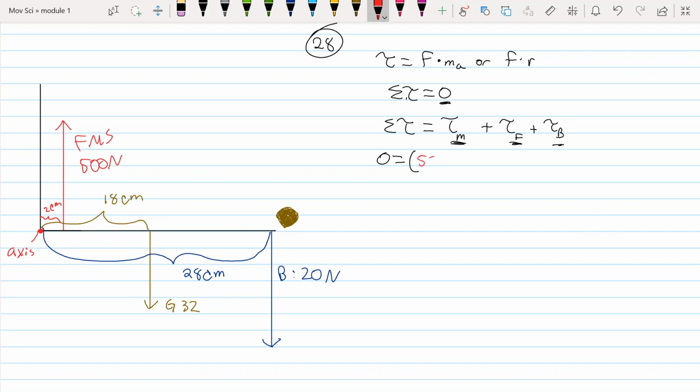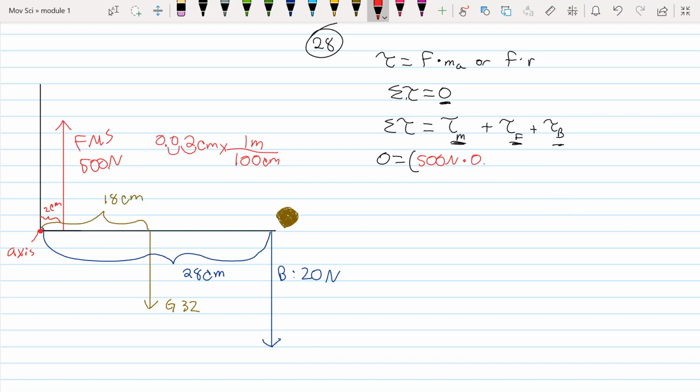So 500 newtons times, now we've got this in centimeters, so 2 centimeters, 100 centimeters is 1 meter. So you can divide 2 divided by 100, or you can just move the decimal places over 2 times.